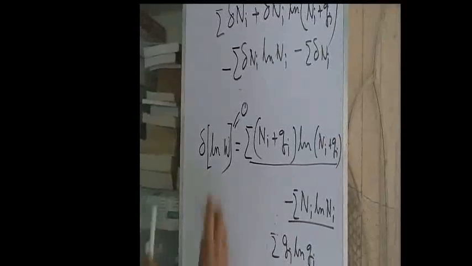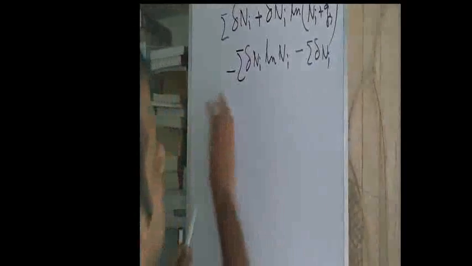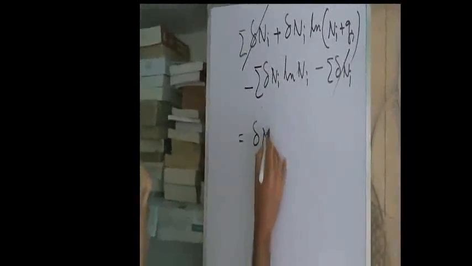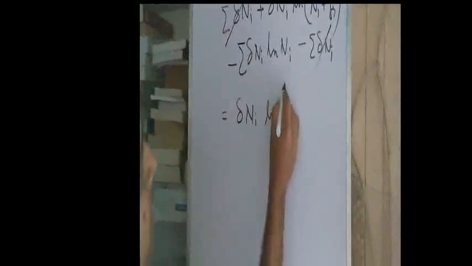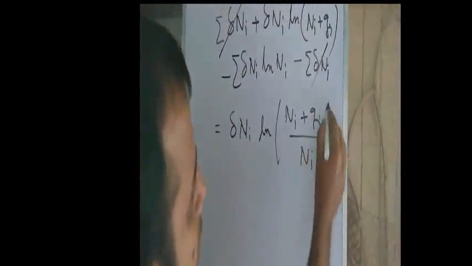The derivative of the constant is 0. So two terms cancel out and it equals delta ni ln ((ni plus gi) by ni).